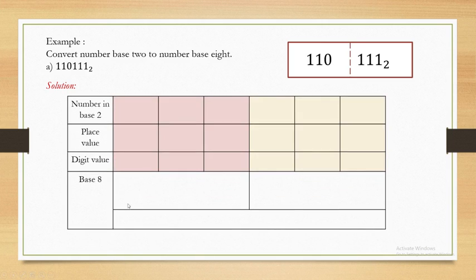Then we're gonna build the table like this. For the first row is number in base 10, and then the second row is place value, the third row is digit value, and the last one is base 8.